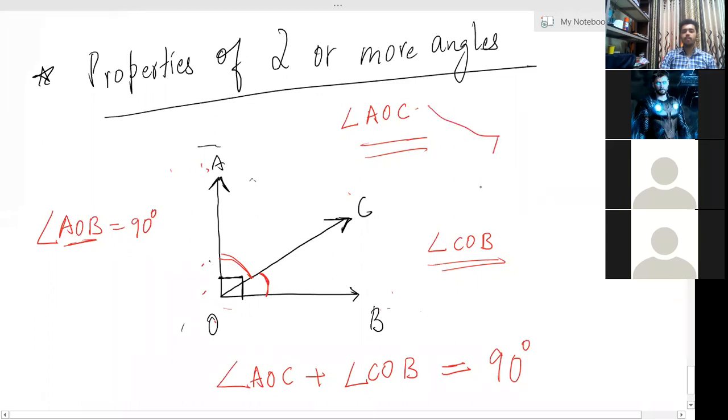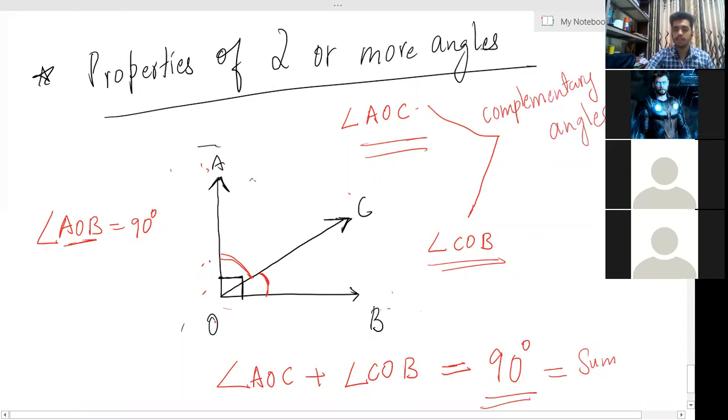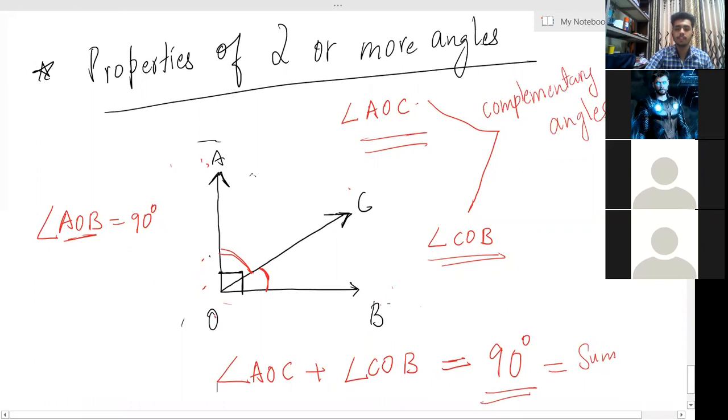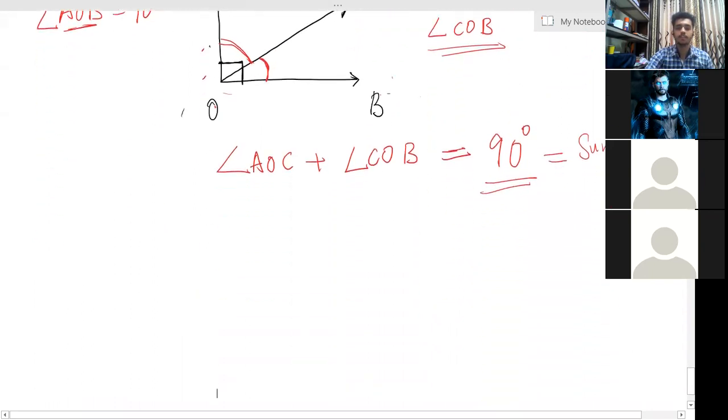Whenever the sum of two angles is equal to 90 degrees, then those two angles are called complementary angles. Remember, complementary means the sum of two angles is 90 degrees.